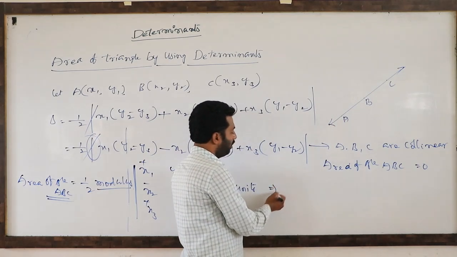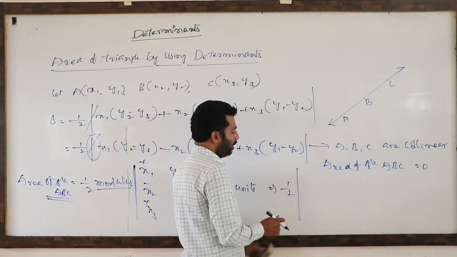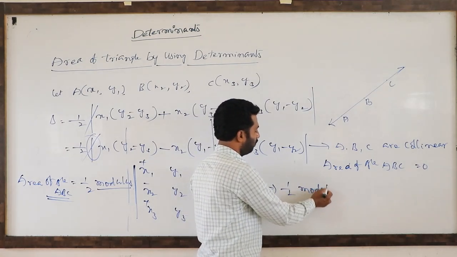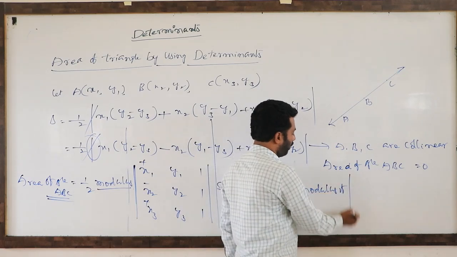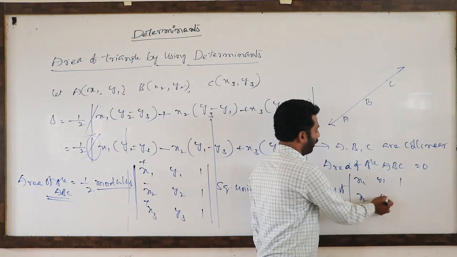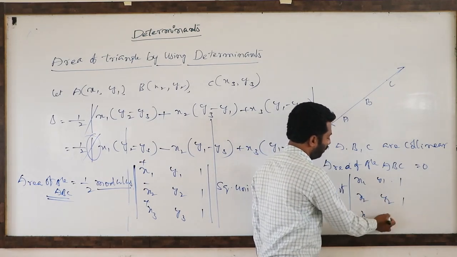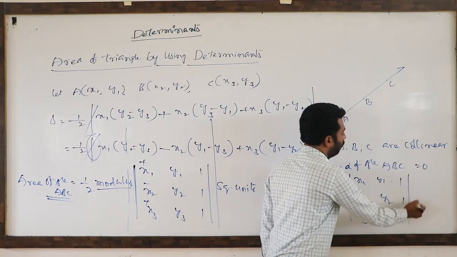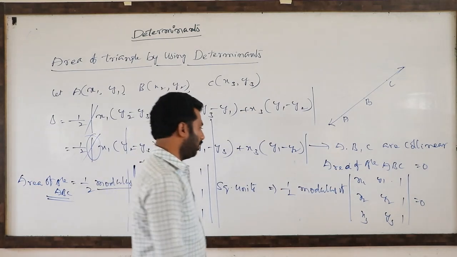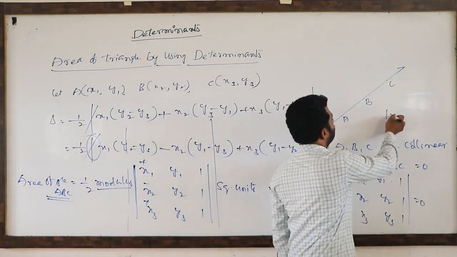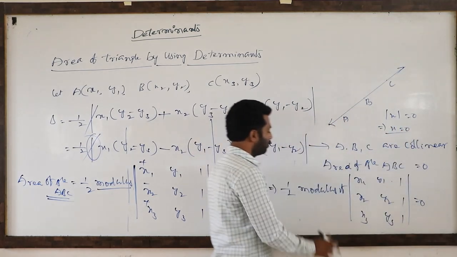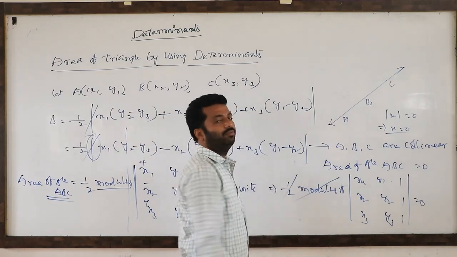What is our formula? Half into modulus of the determinant of x1, y1, 1, x2, y2, 1, x3, y3, 1 equals 0. If you send the 1 by 2 across, it becomes 0, and the modulus can be dropped because modulus of x equal to 0 is nothing but x equal to 0.